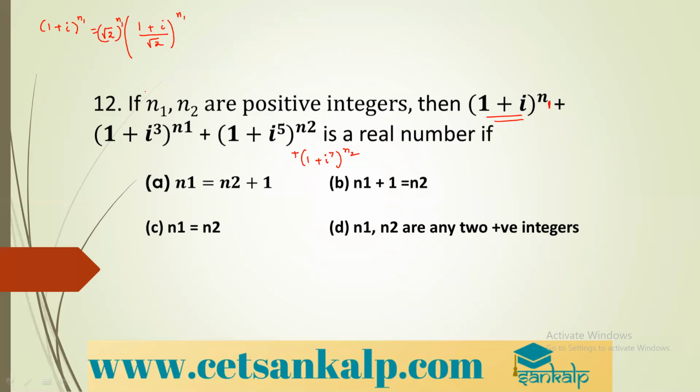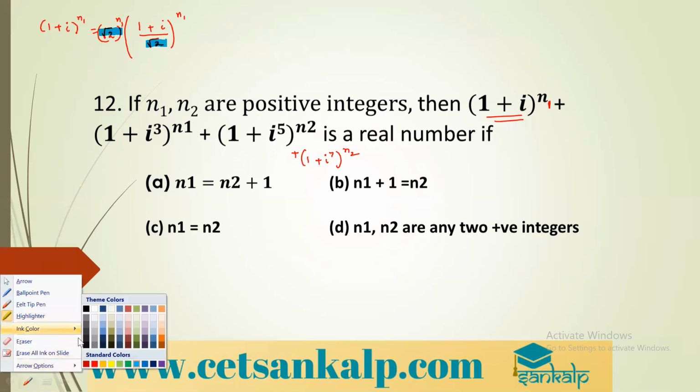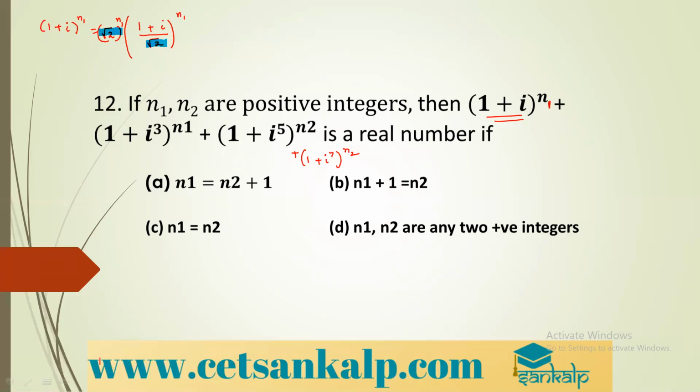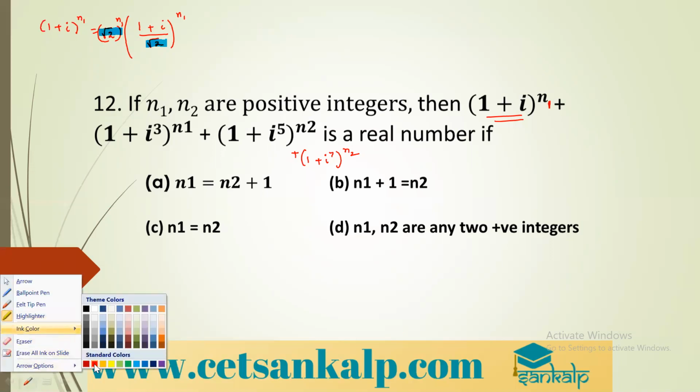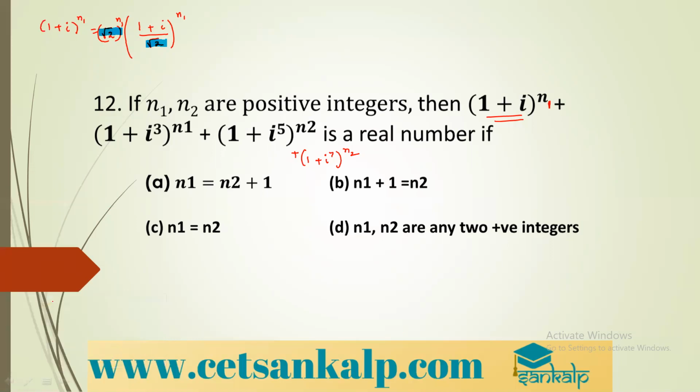So inside I'm dividing by root 2, outside I'm multiplying by root 2 power n1. Why am I doing this? Because if I multiply and divide, nothing has been changed. The question remains the same.